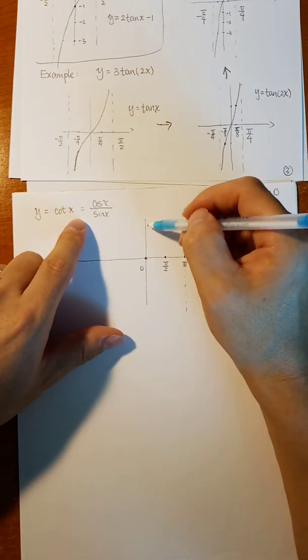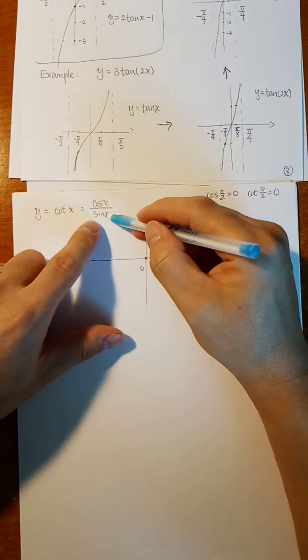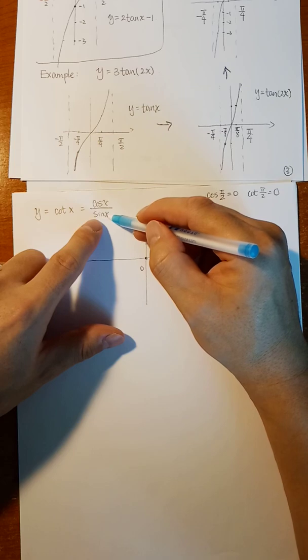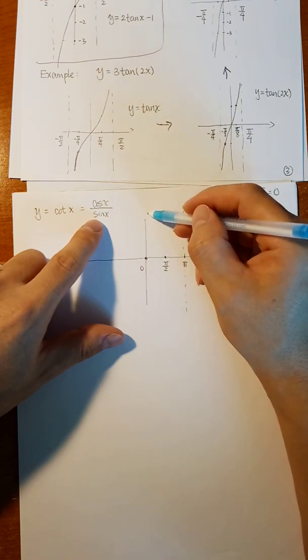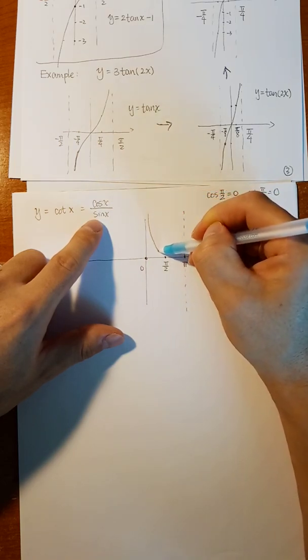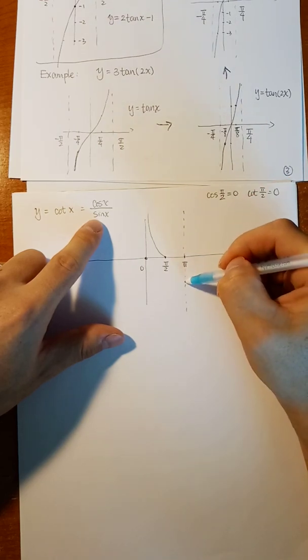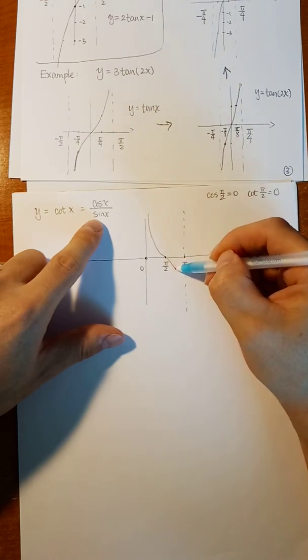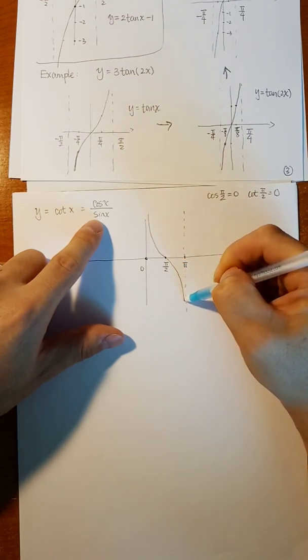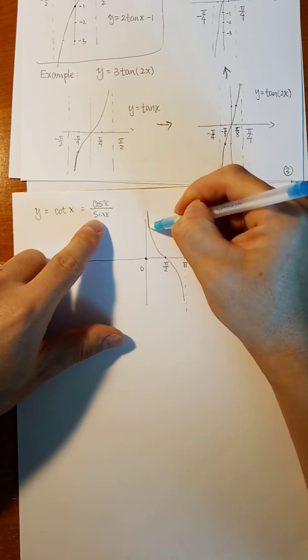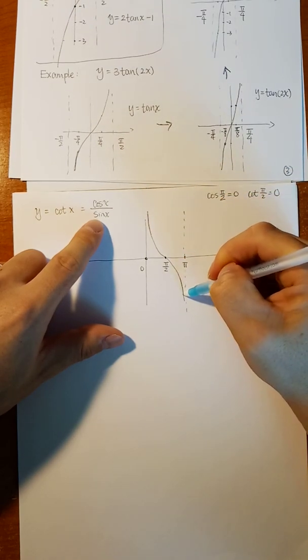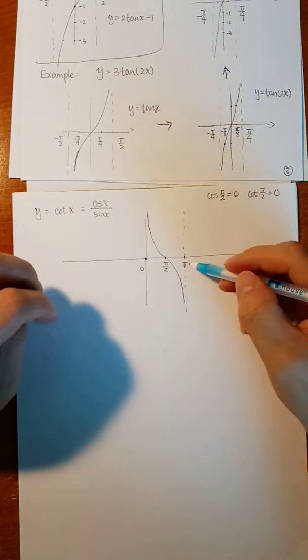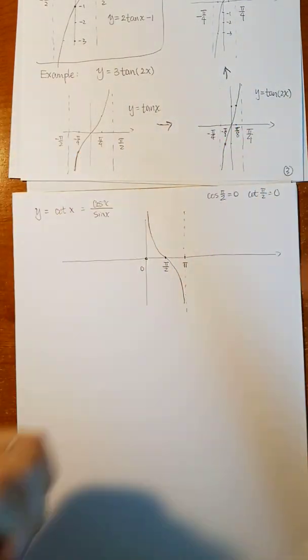And when x approaches 0 from the right side, this is 0, this is 1. So it will be like this. When x approaches pi, it is negative infinity. It's negative. So this is the graph over this region.